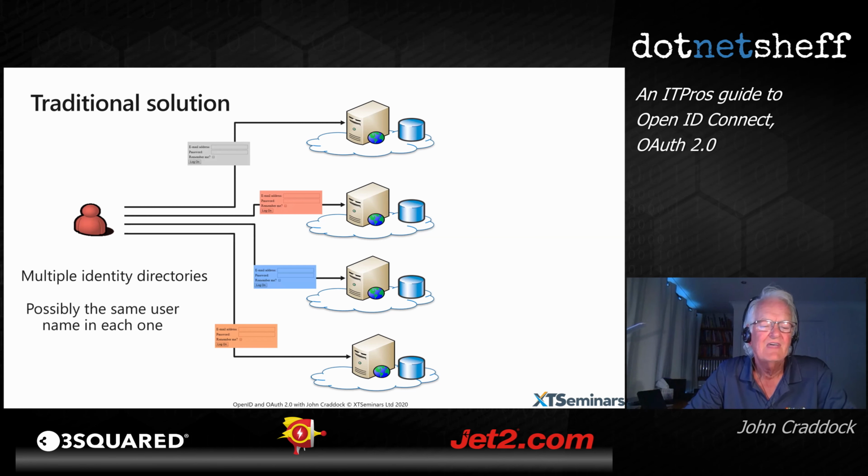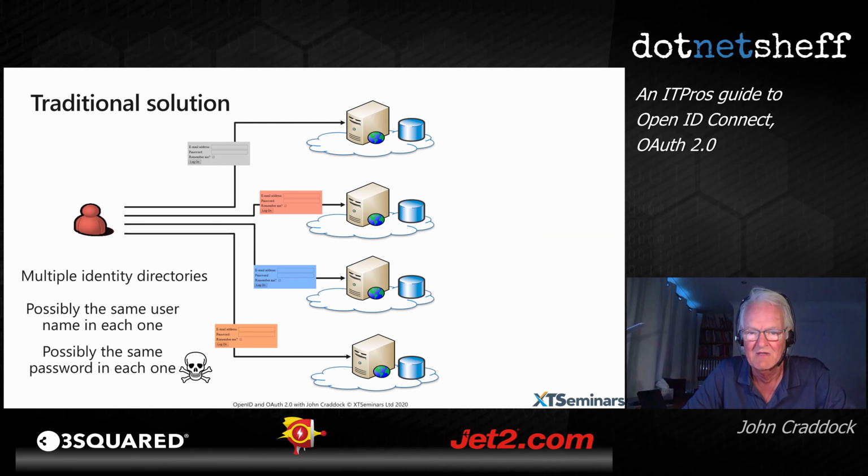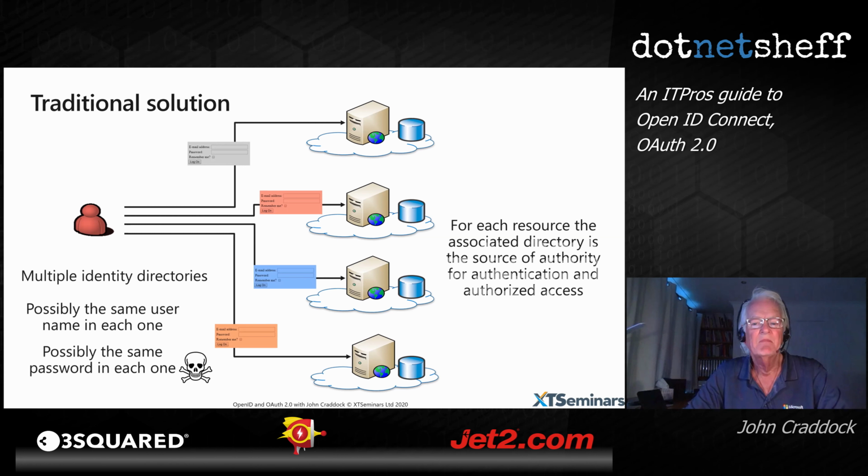Of course, that leads to a proliferation of usernames and passwords. We end up using the same username, probably our email, on multiple resources, and passwords get reused because we're relying on users to manage them, and then we end up with our identity distributed all over the place.